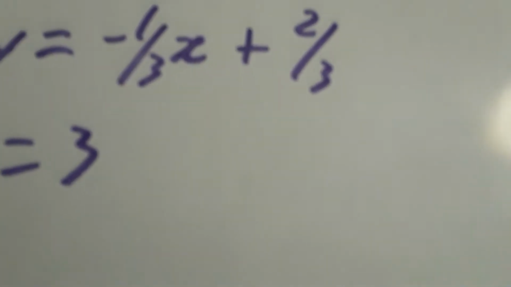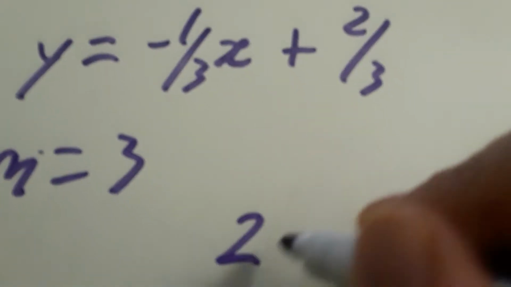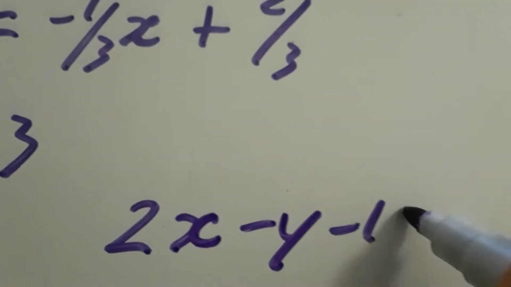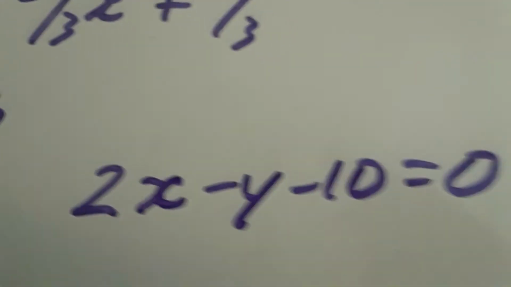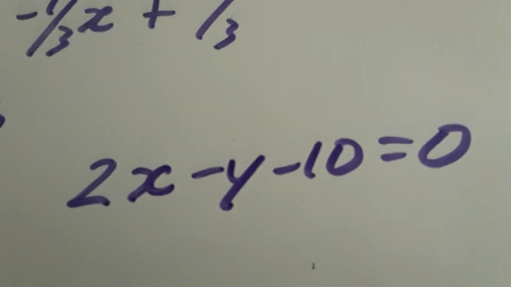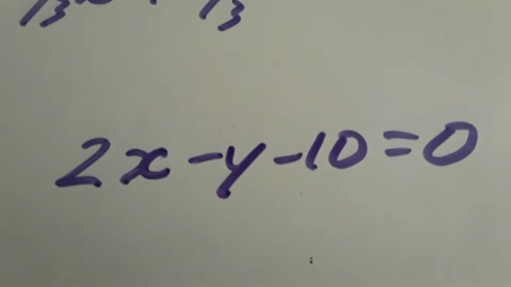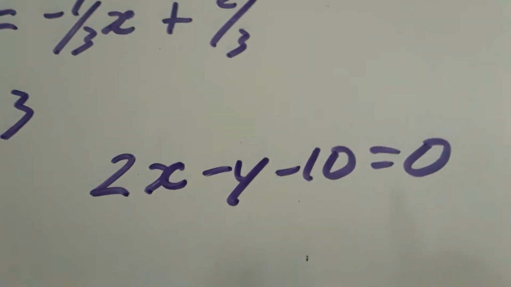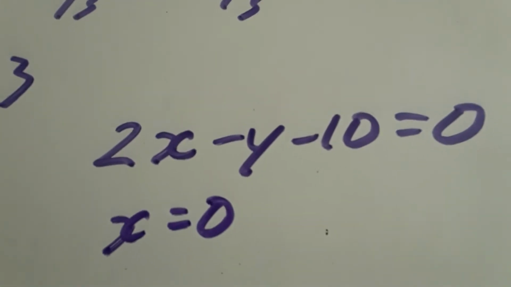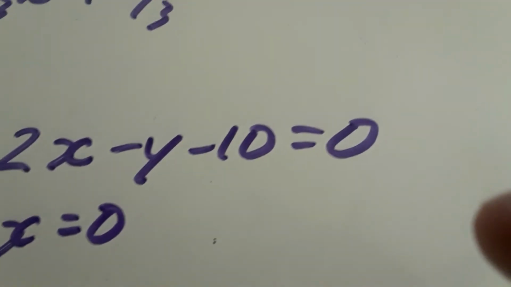We're also told that the line has the same y-intercept as 2x minus y minus 10. So when you're trying to look for a y-intercept, you have to remember to make x equals 0. Okay, so we're going to go ahead and say x is 0 because we're looking for the y-intercept. And that means that we can effectively cover up 2x.